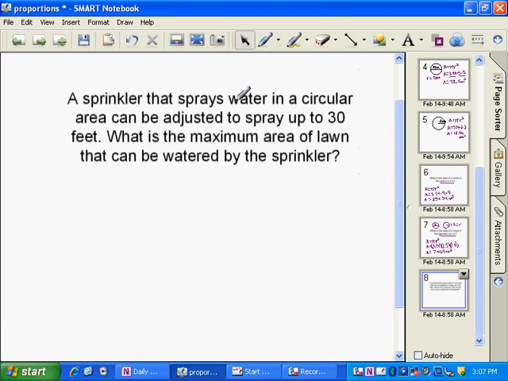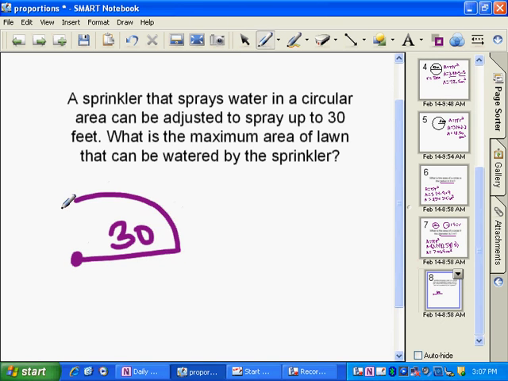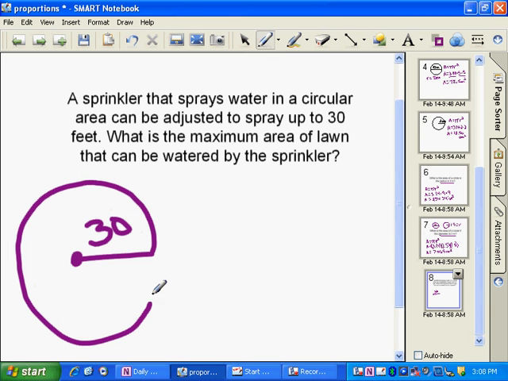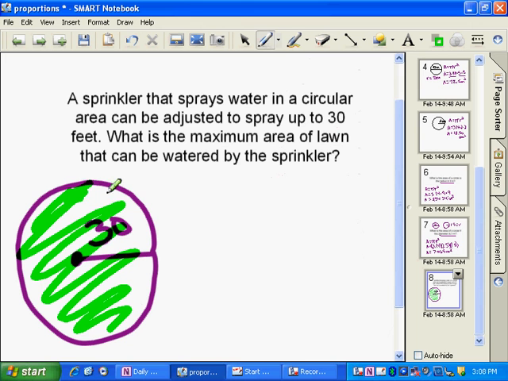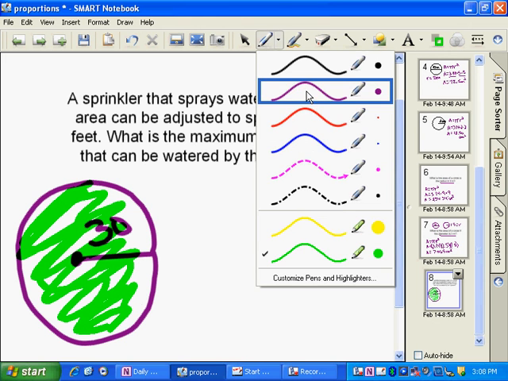So if you've got a sprinkler, and it sprays 30 feet in a circular pattern, we're going to say this is 30 feet. This is what the sprinkler will cover, all this area within here. That's what you're trying to figure out, how much area the sprinkler will cover.